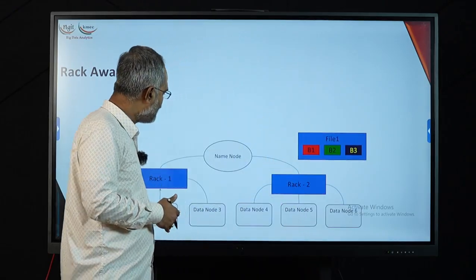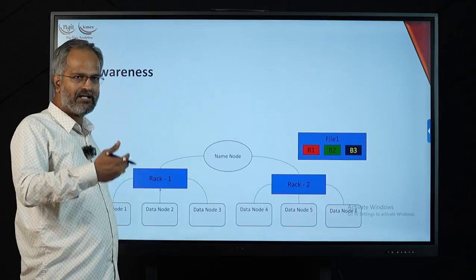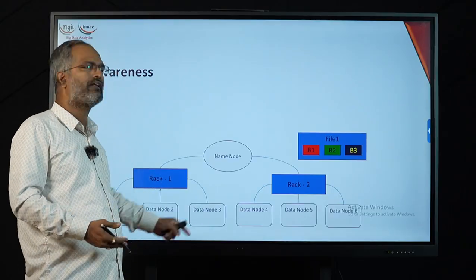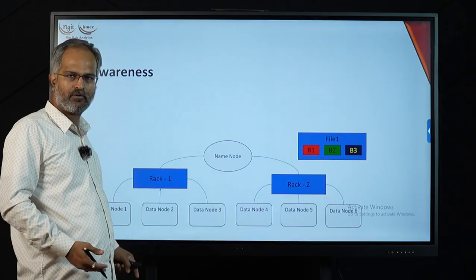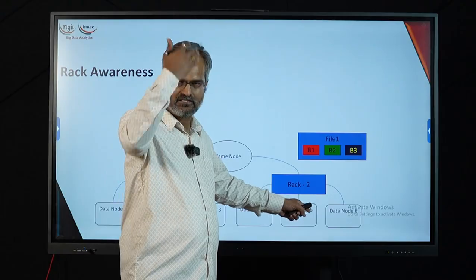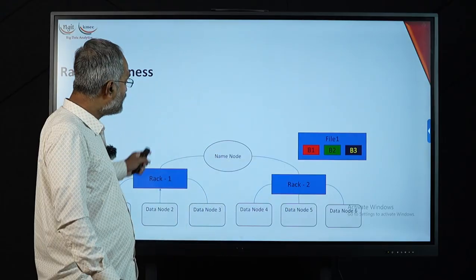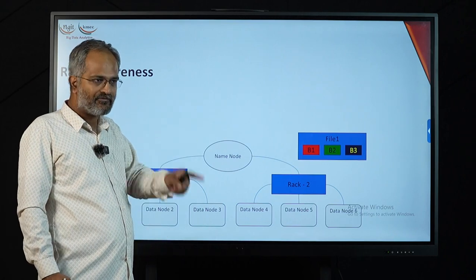So some data nodes may be nearby. In India, for example, 3 nodes are connected to the same router, so they come under the same rack, and 3 nodes in Germany are connected to the same rack.